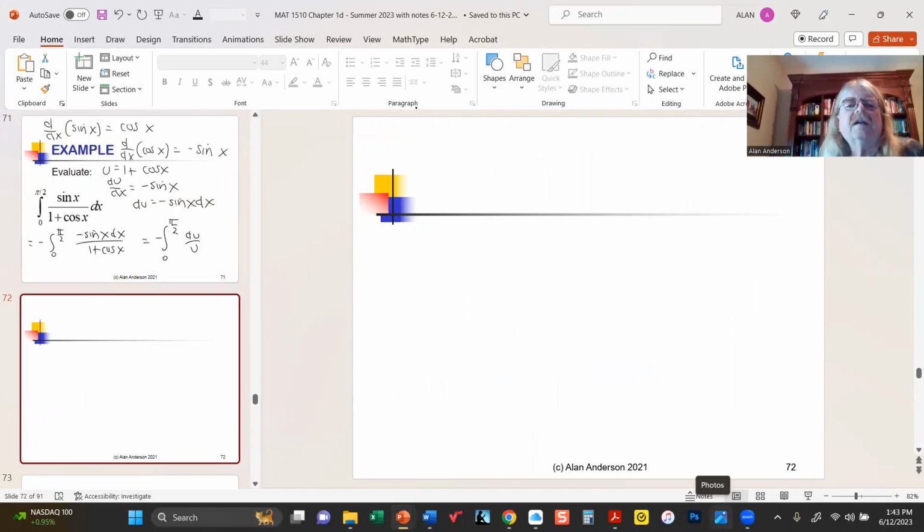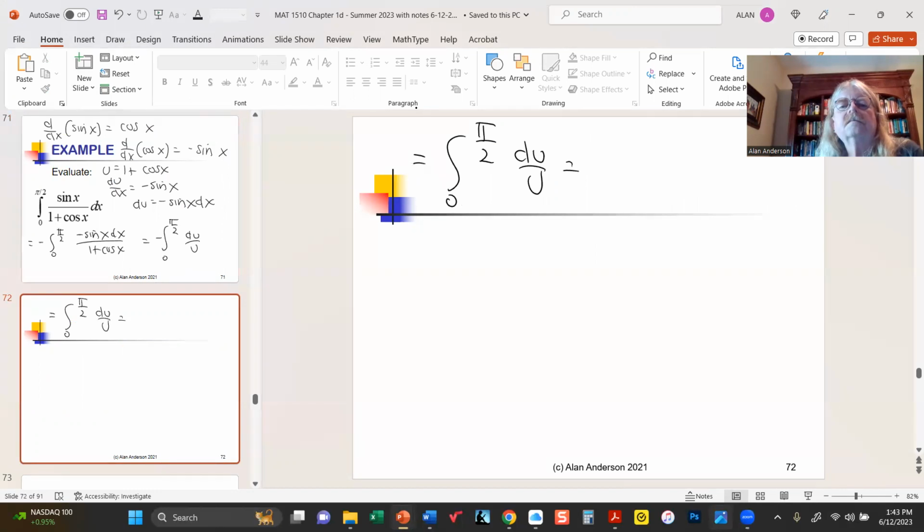All right, so once again, we got ourselves to this point. This one is a definite integral, so we don't have a constant. And u, of course, we chose it to be 1 plus cosine x.